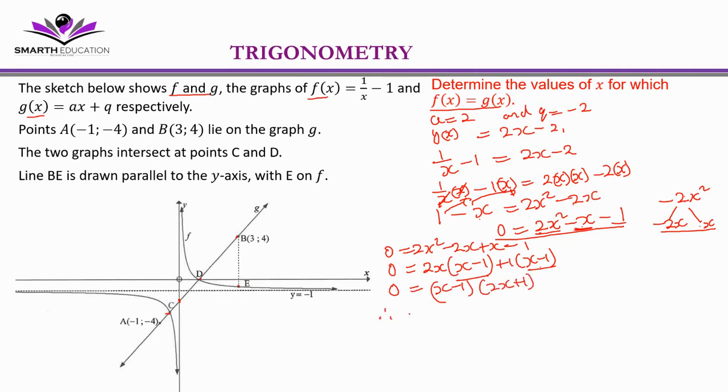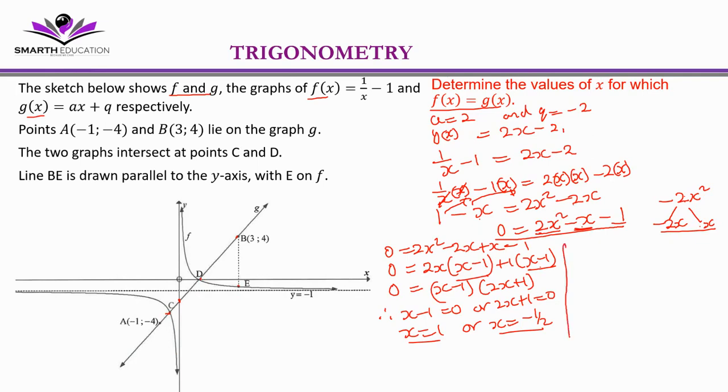Therefore, x minus 1 is equal to 0, or 2x plus 1 is equal to 0, meaning that x is equal to 1 or x is equal to negative 1 over 2. So these are the x coordinates of C and D, meaning that the x coordinate of C is negative half, and the x coordinate of D is 1.